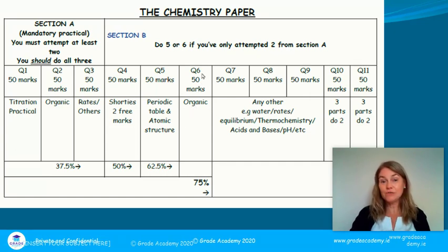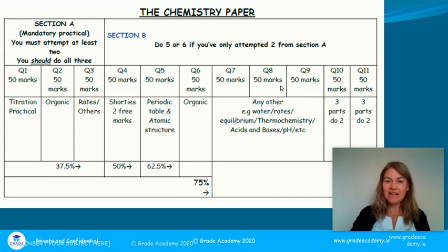And so there's a whole section on organic. So question 2 is organic practicals. Question 6 is organic fuels. In question 4, there are at least 2, if not more, questions based in the organic section as well. Now, doing 1, 2, 3, 4, 5, and 6, you're already in a happy position of being on 75%.